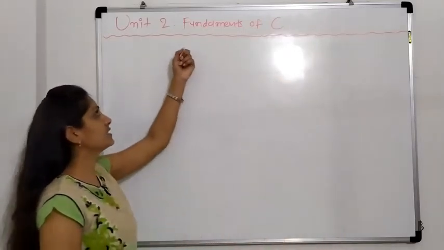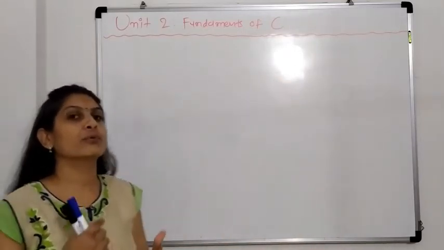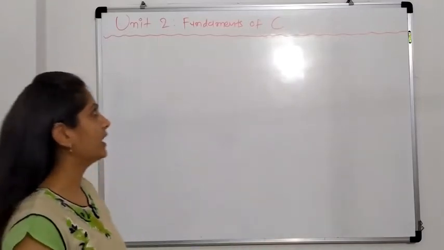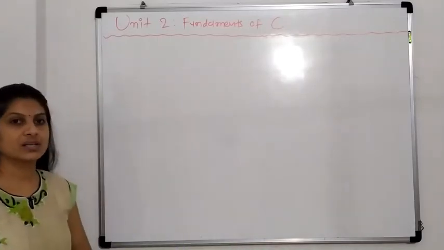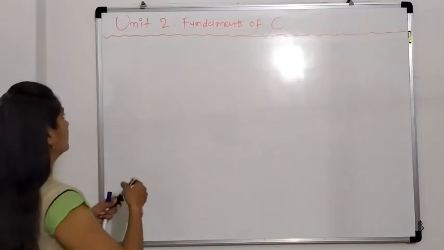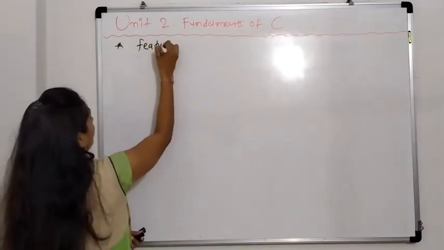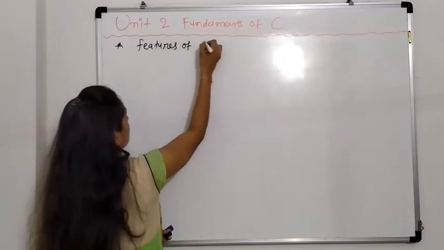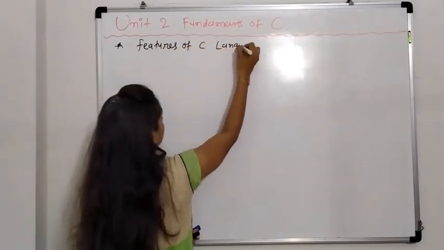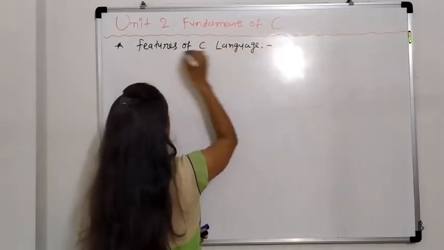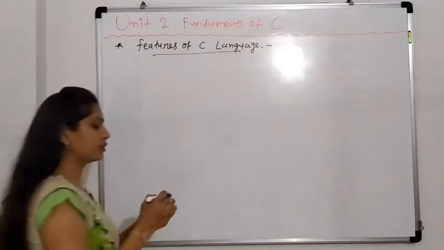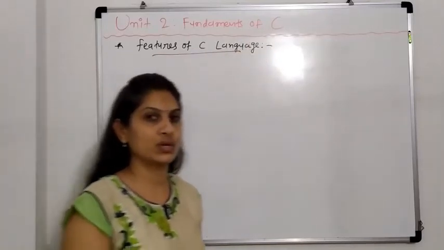Now in the second chapter we start with our programming, and for that we start with the first question, that is features of C language. Why are we using C language for programming?